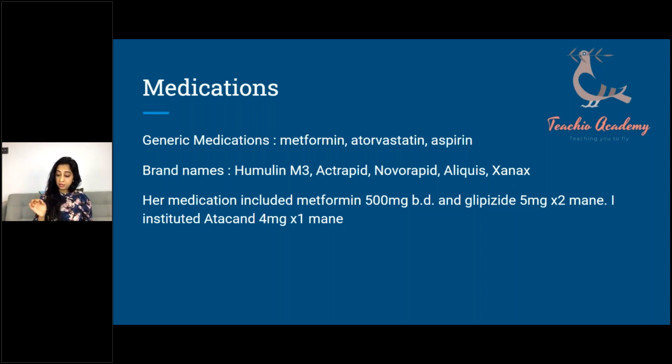Brand names, for example, Humulin M3, Act Rapid, Nova Rapid, they're all brand names. What basically brand name means, lots of students who might work in South Asian countries might understand this, or even in Western countries. When you prescribe a medication, you can either prescribe it as a generic medication.